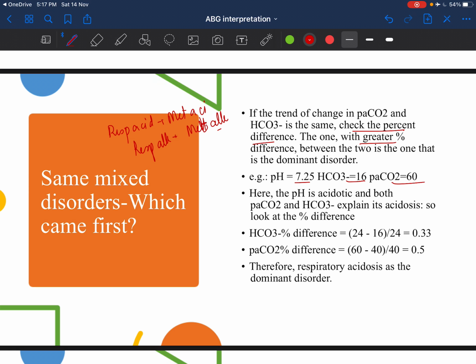If you see 24 minus 16 by 24, where 24 is the normal bicarbonate and 16 is your current bicarbonate, if you divide it by the normal value, you get 33%. And PaCO2 difference, 60 is the current one minus 40 is the normal, divided by the normal, the percentage is 50%. So, here the respiratory acidosis is the dominant disorder.